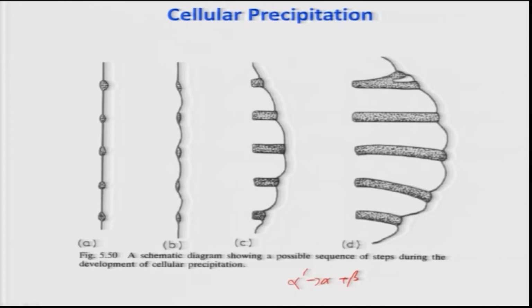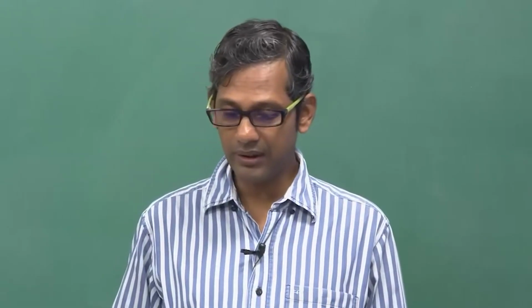As the precipitates grow, they take the grain boundary along with them, and that is why the grain boundary actually moves from B to C to D, moving slowly into one of the grains, and this is a very fascinating kind of phase transformation.